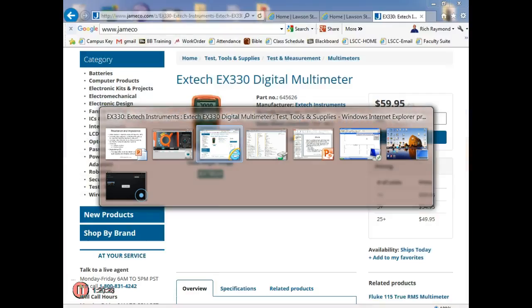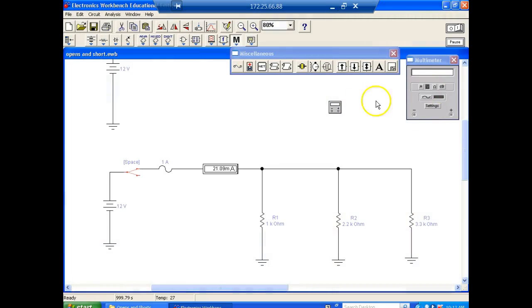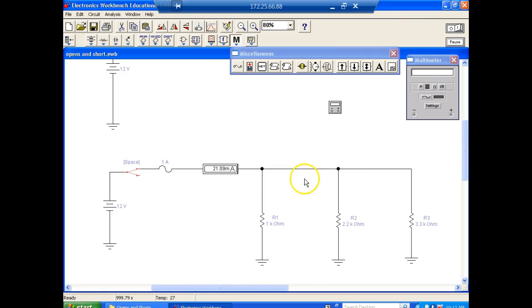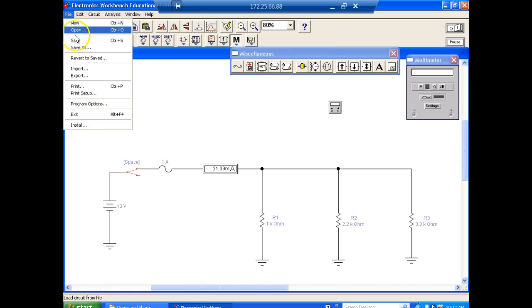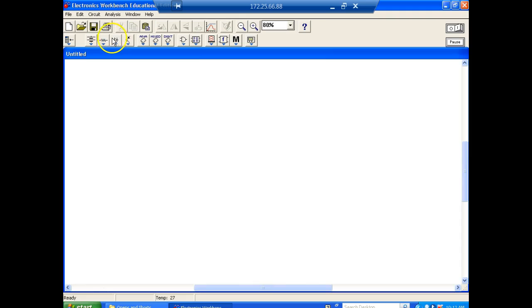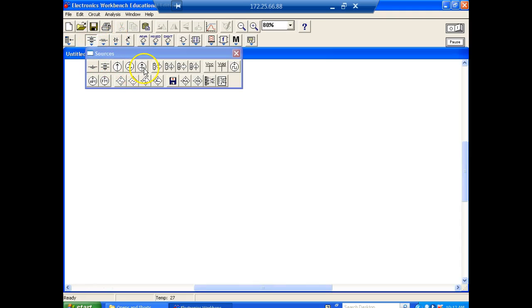Okay, where's my... Here. So we'll set up, this is a symbol, by the way, for an AC voltage source right here. It's got the little squiggly line in there. Don't pay any attention to the plus.